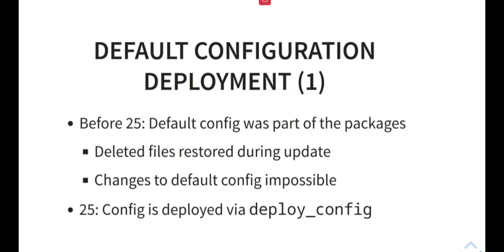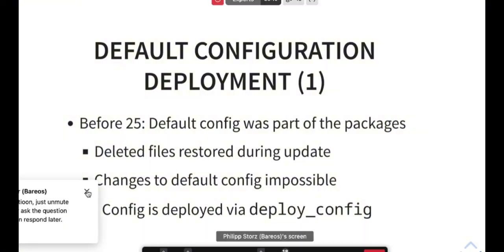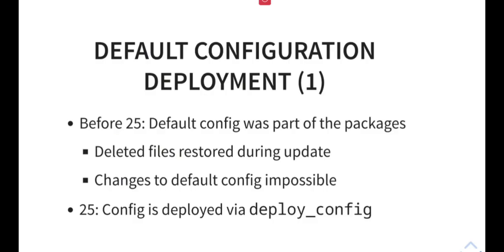For example, if a configuration file that is deployed by the package was deleted by a customer, and then an upgrade was done, the file would be recreated again. And if the customer, for example in the test environment or in the production environment, created another file with the same name, then you could end up with a non-starting daemon, because you have the same definition twice. We had other problems that all arose from how the packages handle configuration files.